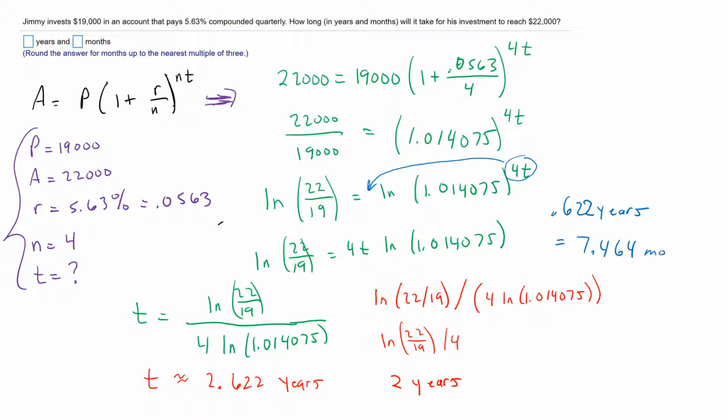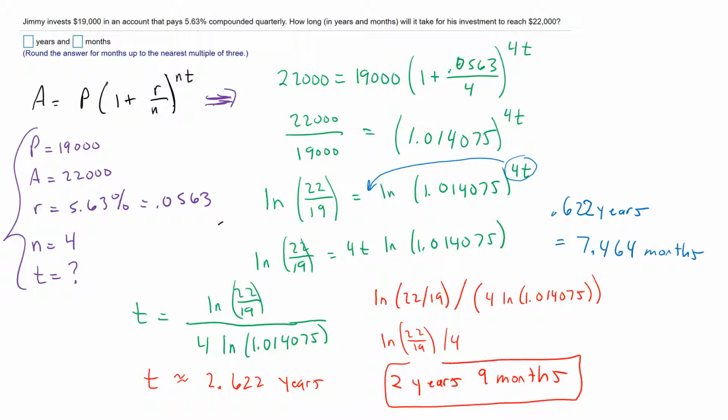So that's converting it into months. 0.622 years is equivalent to 7.464 months. Now again, Jimmy only gets his extra money at the end of each 3-month period, so we have to round up to the nearest 3-month period. And so that would be 9 months. 2 years, 9 months is the official answer to this problem.